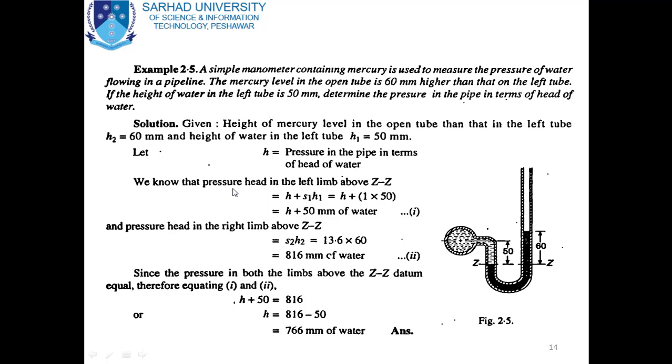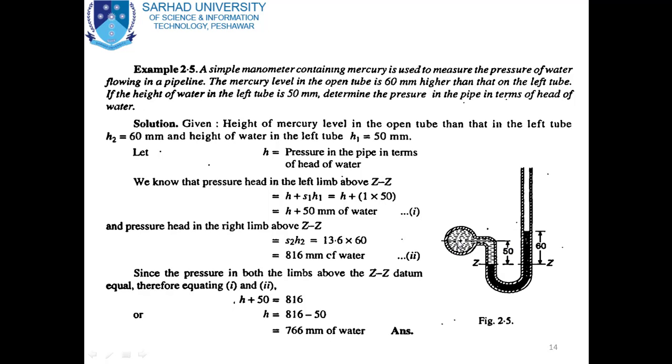We know that pressure head in the left limb above ZZ is equal to H plus S1 H1. As if we cut this tube in the middle, this is the left limb, this is the right limb. In the left limb we have pressure in the pipe plus pressure in this tube up to 50 mm.